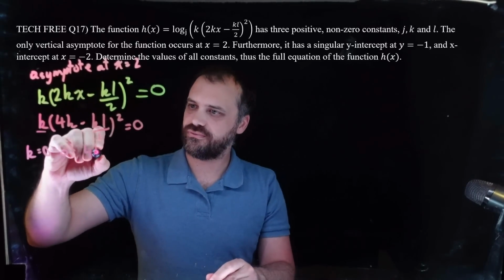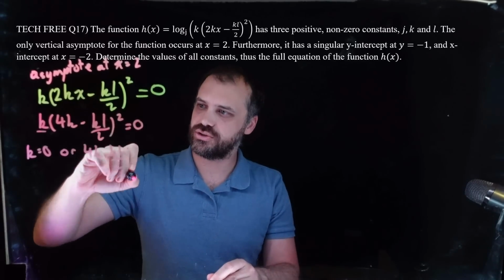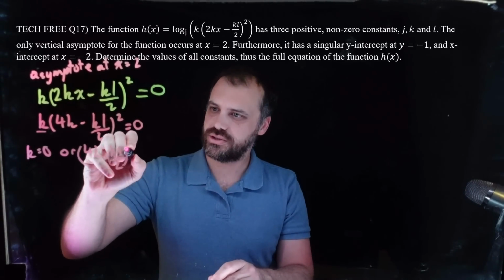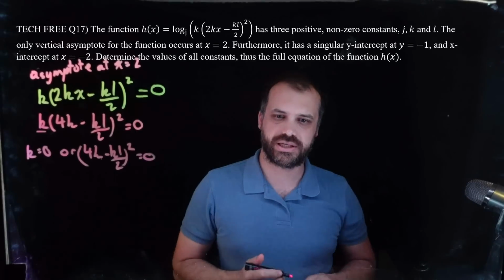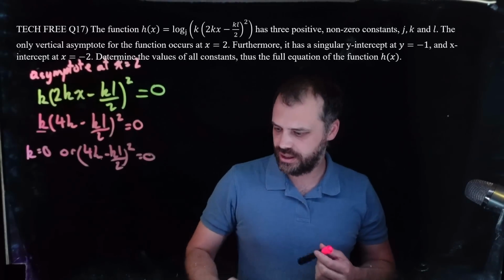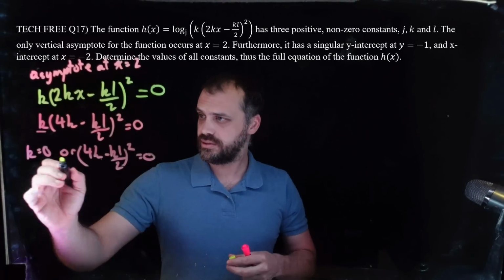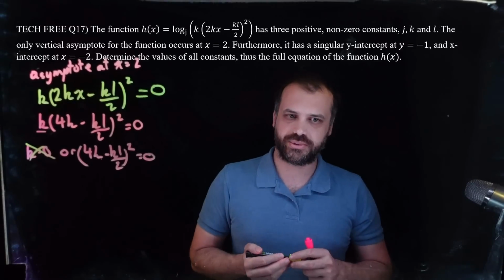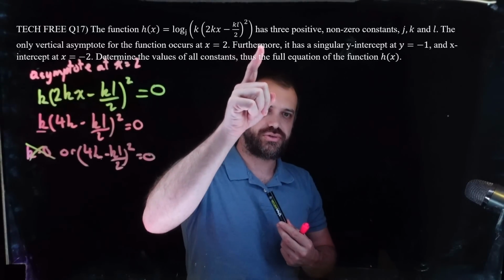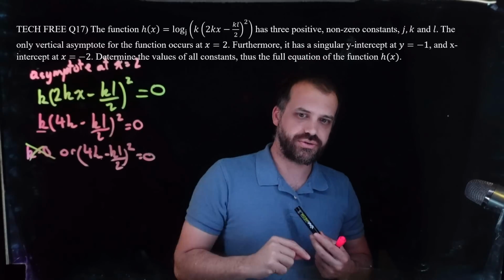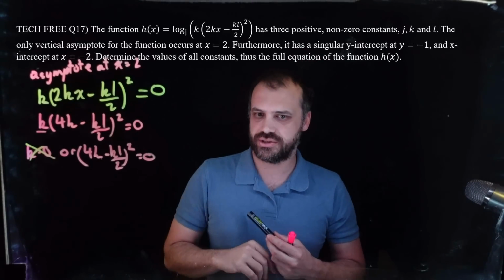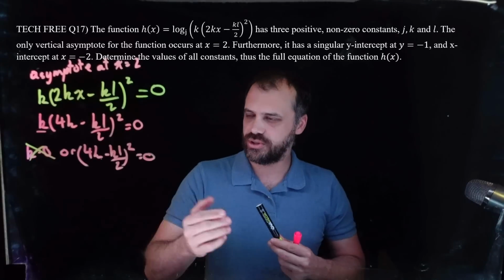Or 4k minus kl on 2, squared, must be equal to 0. Now, we can reject one of these. k can't be equal to 0 because it says three positive non-zero constants. So k is not 0.